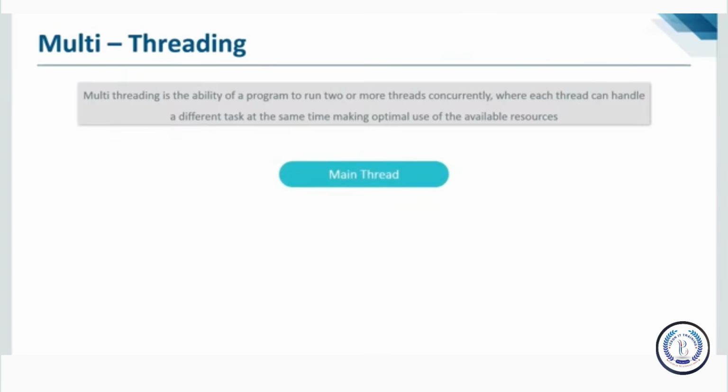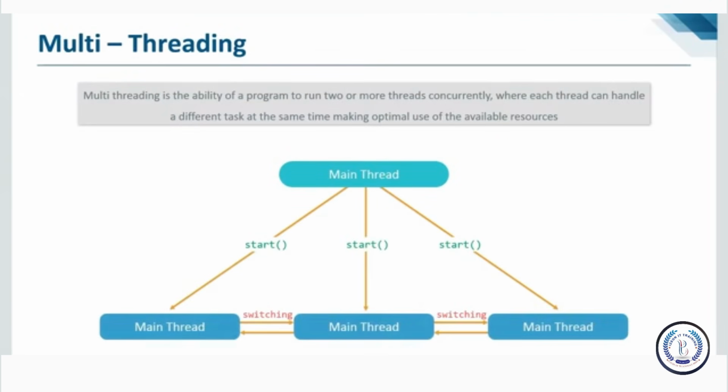Let's say there's a main thread, and the main thread is going to start some child threads, and there can be some switching between these child threads, because they are going to perform the jobs, and time slicing will come into action where some jobs of thread A will be finished, some jobs of thread B, some jobs of thread C. So there will be switching between the execution of the threads.